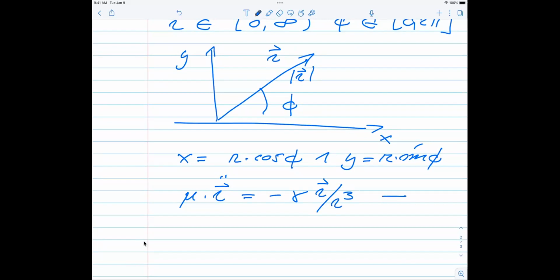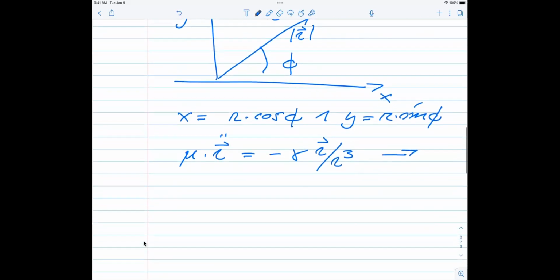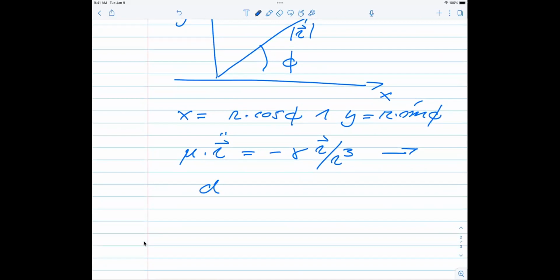We are going to rewrite that in two equations. One is going to depend only on the absolute value of r, and we are going to get an additional equation where we have d phi dt, which is equal to something. And these are two equations which we can actually solve analytically. That's the strength of making this transformation.